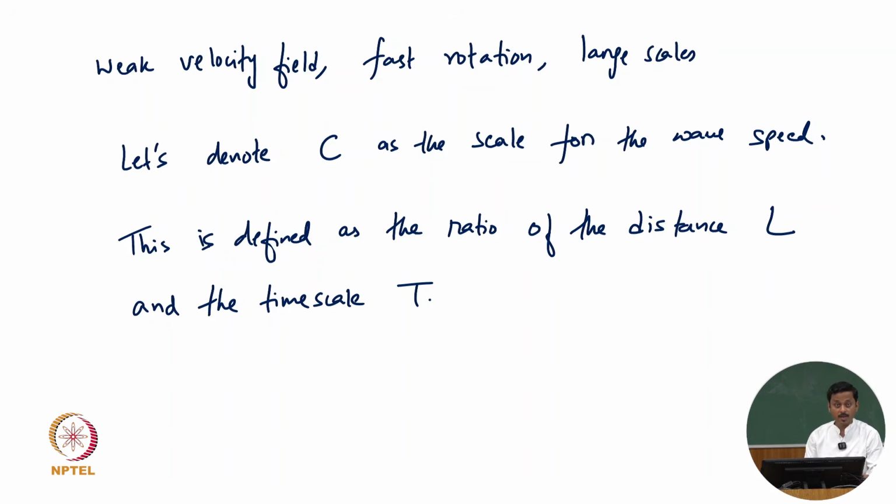This is a scale for the wave speed, and C is equal to L by T, and in this case this is much larger than the flow speed itself. So the information propagation is happening at a much larger scale than the propagation of a certain material from one point to the other.